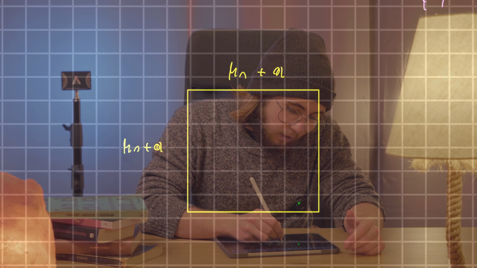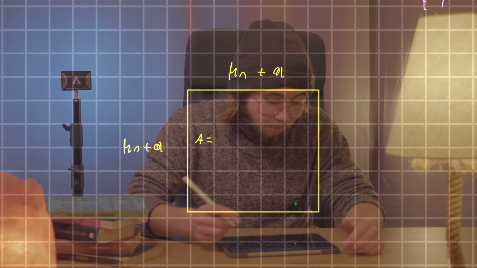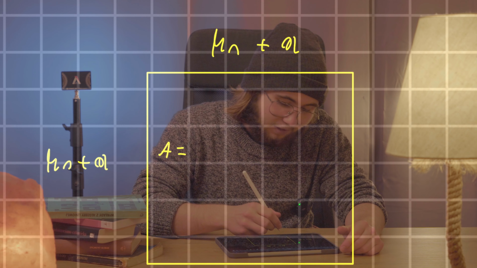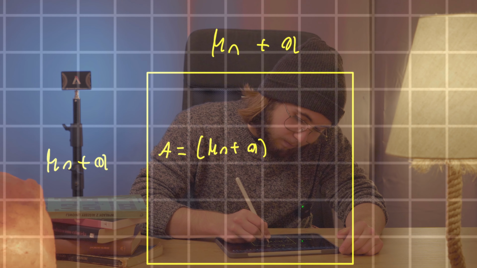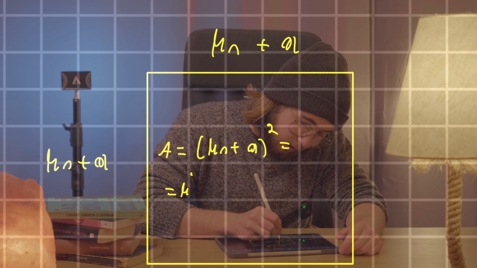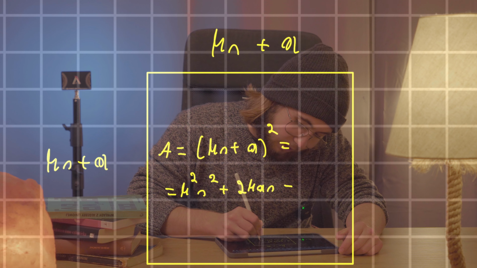Well, what is the area of such a square? That's going to be kn plus a, squared. Well, a is not equal to n, by the way. So what we'll get is that kn plus a, squared, is equal to k squared multiplied by n squared plus 2kan plus a squared.